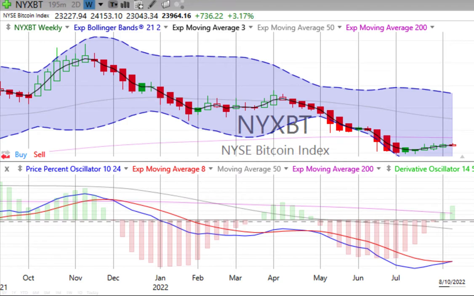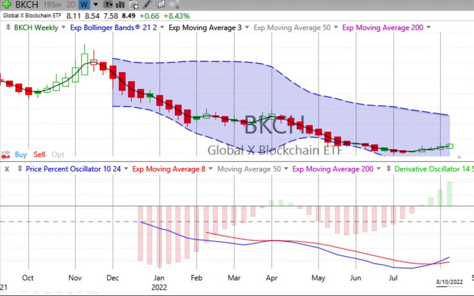If we look at the rest of the Bitcoin space and some of these Bitcoin-related ETFs like the Global X Blockchain ETF, again, this is an ETF that tracks businesses that are in this space. You can see that it's showing some signs of recovery, crossing over, going up, 4 green open box candles.